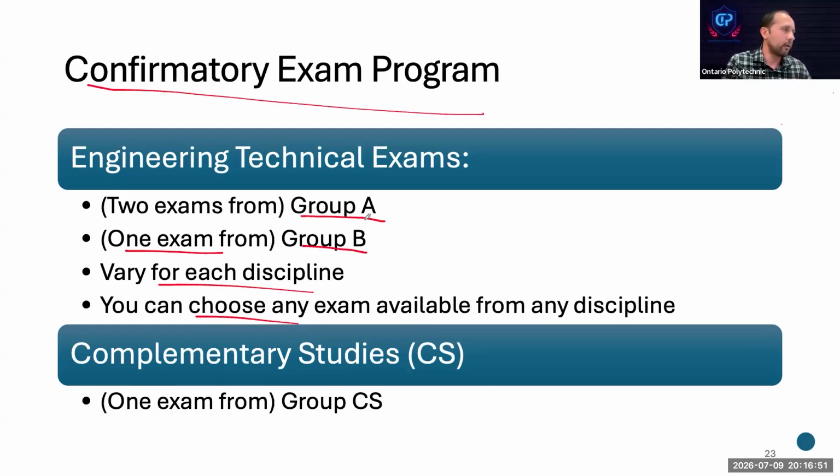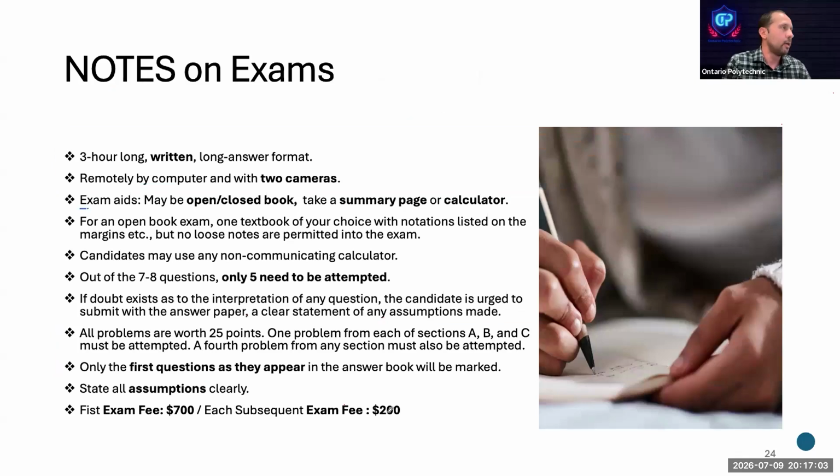Besides groups A and B, the last group is group C, complementary studies. There are four non-technical subjects, and you can take one of them. About these technical exams, let me start with this slide. They are 3-hour-long written exams with a long answer format.